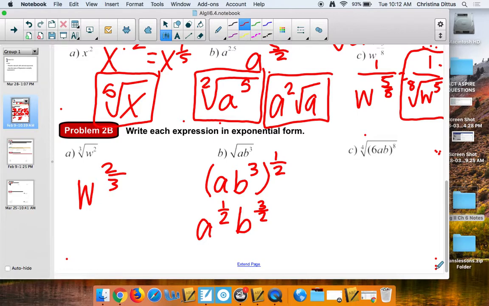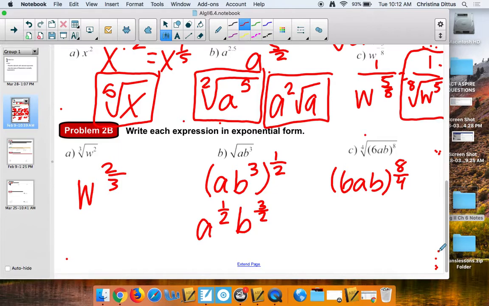C looks a little bit different. It already has this in parentheses, so let's go ahead and write it again. I'm to the 8th power, and what is my denominator of my fraction going to be? 4, because that's my index.